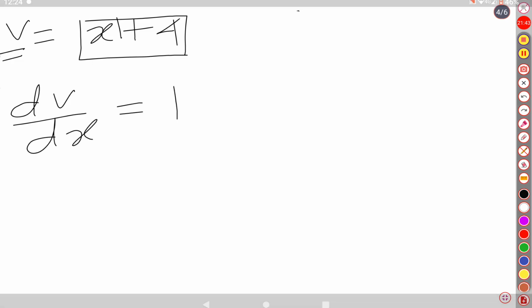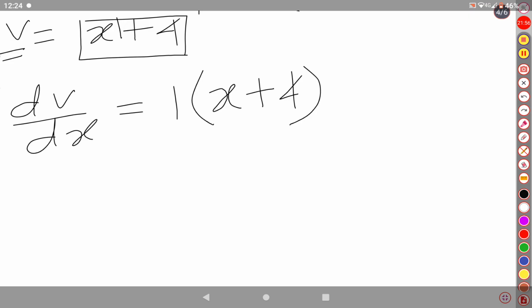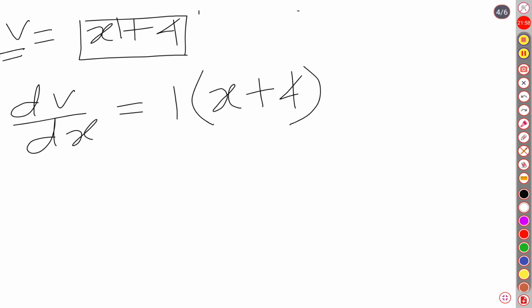So we will write here 1. Then what will happen to the inner function is our x plus 4.